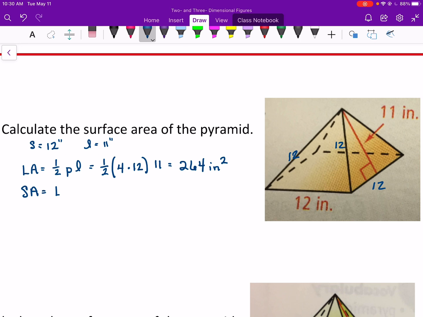Surface area is the lateral area plus bases, but in this case only one base, because pyramids only have one base. So that's 264, and then when you add in your base, it's going to change from problem to problem. This time we have a square base.